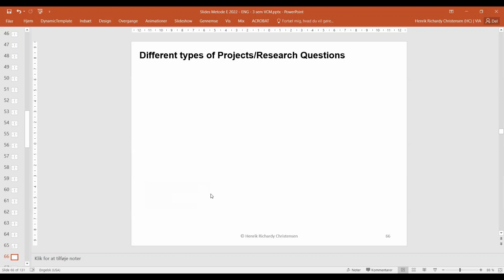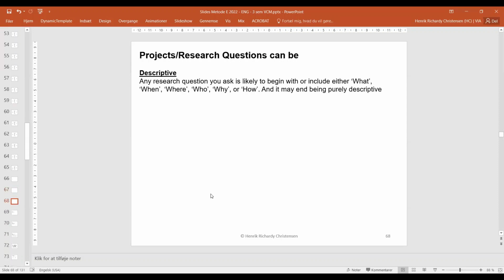Yeah. So that leads us to some different types of projects or research questions where we would like to understand different types. And the first one, descriptive.